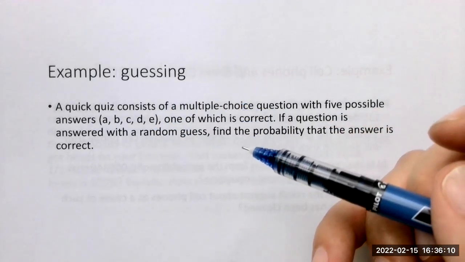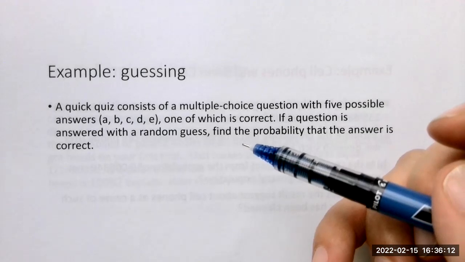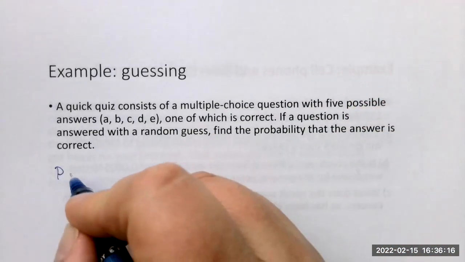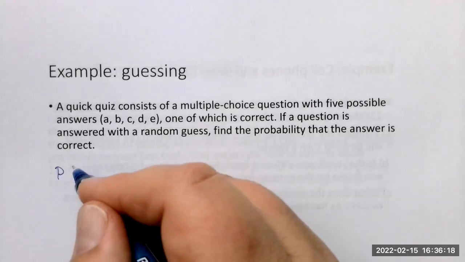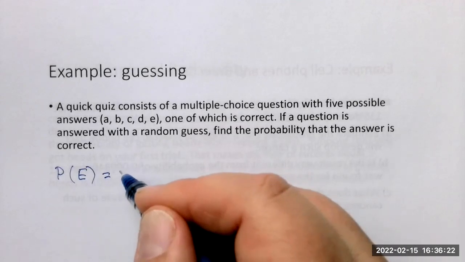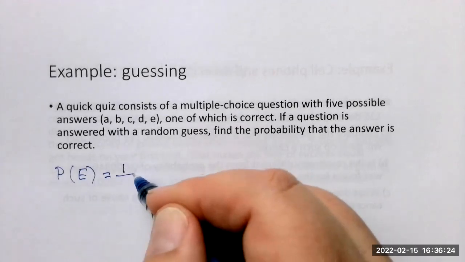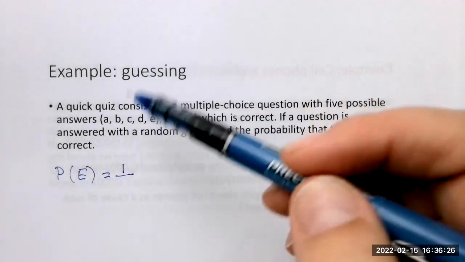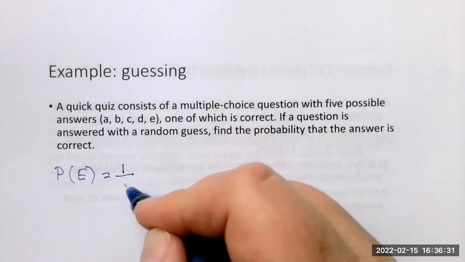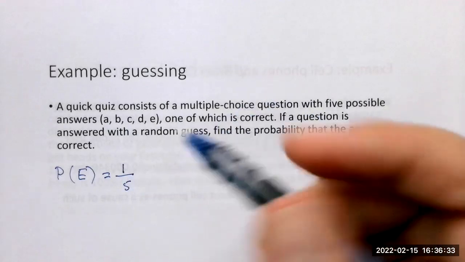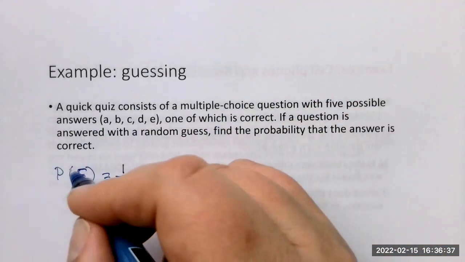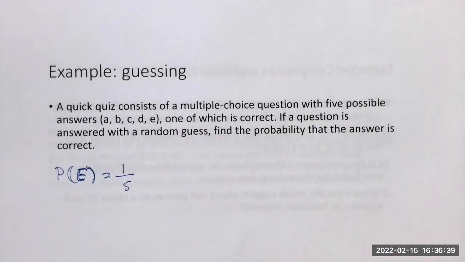Now only one is correct. So probability of event E, in how many ways can a success occur? Well, that's only in one. And how many total possible outcomes? 1, 2, 3, 4, 5. So the probability of success or event E happens is 1 out of 5.